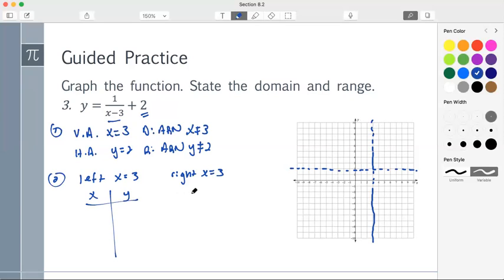All right, and then x and y chart. And I think I just picked 2 points, to be honest with you. So to the left, I picked 2 and I got 1. And then I picked 4 and I got 3 when I did this earlier. So 2, 1, and I know the general shape of a hyperbola. And then 4, 3. Okay. You can pick more points if you want.